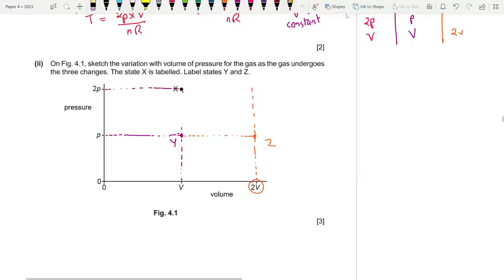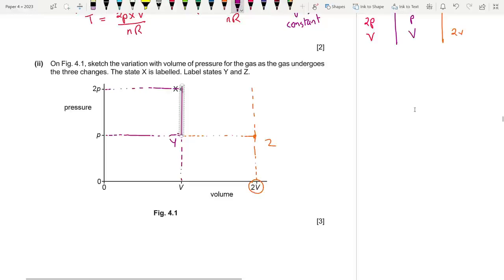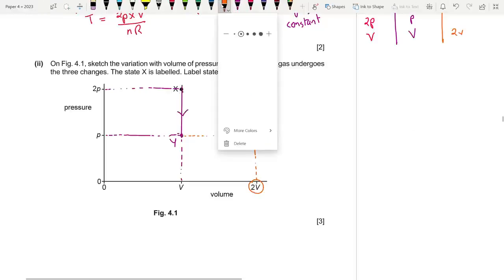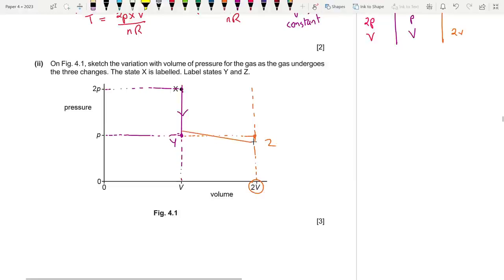Firstly, the change from X to Y will be like this. Okay, X goes to Y. And then the change from Y to Z should be like this. It changes at constant pressure, but the volume doubles.